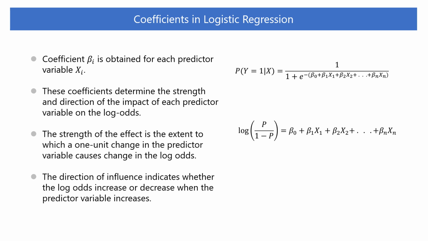The direction of influence indicates whether the logits increase or decrease when the predictor variable increases. An increase in logits represents an increase in the probability of an event occurring, while a decrease in logits represents a decrease in the probability of an event occurring.